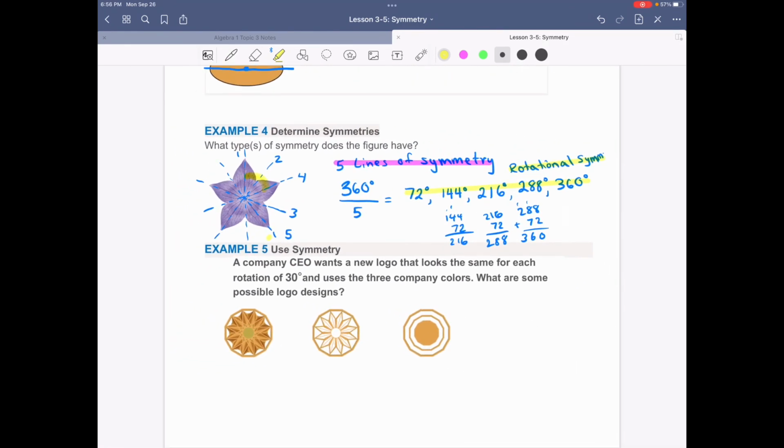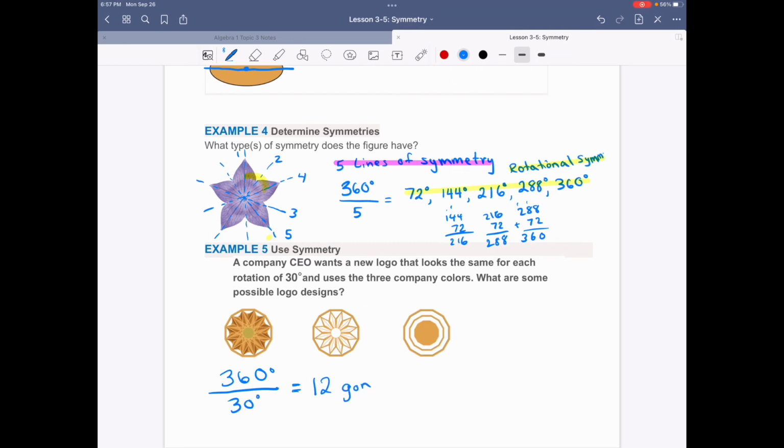And if it's 30 degrees, then how many rotations would we have? So to figure that out, we would do 360 divided by 30. And that would equal 12. So all of these designs have 12 points. It would be a 12-sided or a 12-gon.